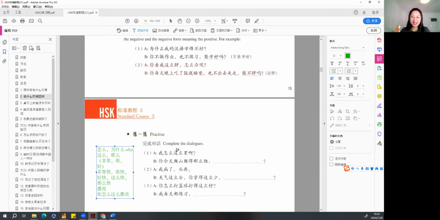A said today it's very tired, so why am I so tired? 我怎么这么累啊? B said 你今天爬山爬得那么快. Oh, today you went hiking in such a rush, or you went so fast.